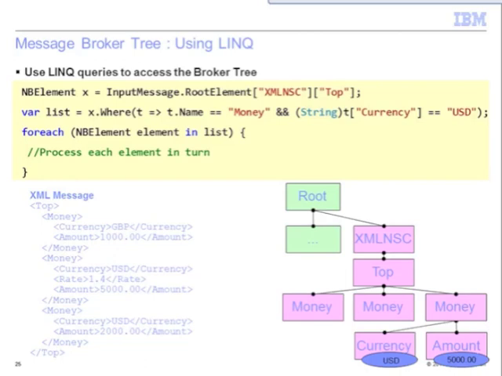The foreach statement at the bottom of that code block will allow you to go through each of those elements that were returned from that LINQ query. Because the NBElement, as I said earlier, implements IEnumerable, this shows how you can use LINQ to Objects to simply perform LINQ queries over the tree in a very natural way, that your developer should be familiar with, to gain access to the different elements within that particular tree.